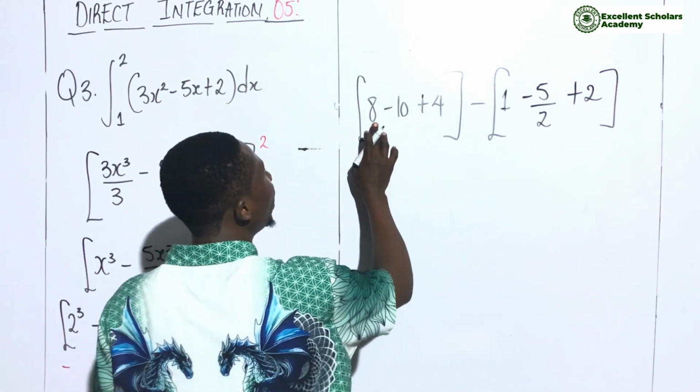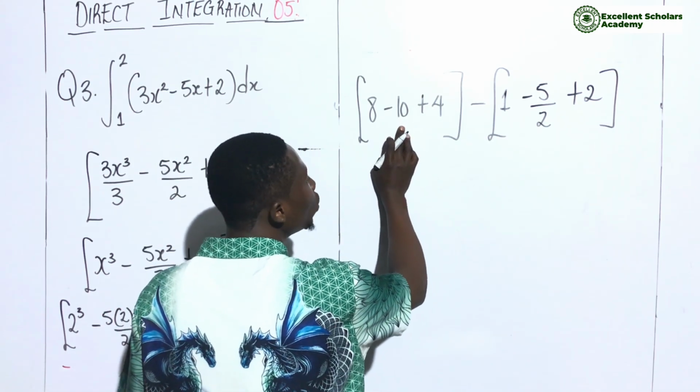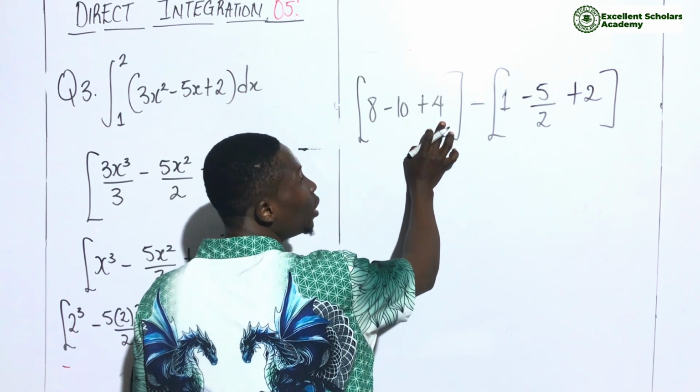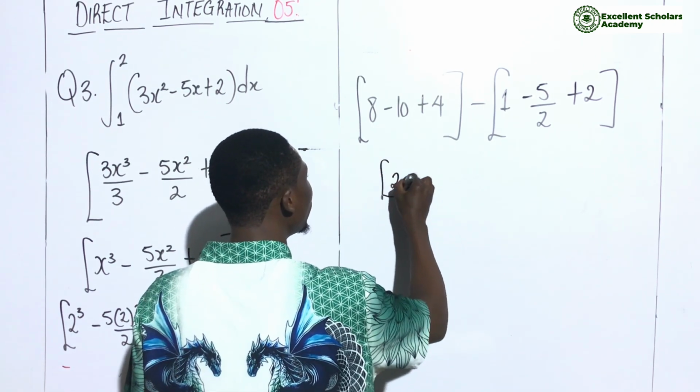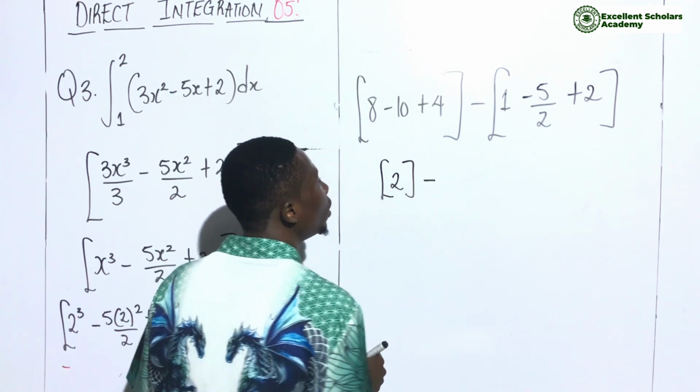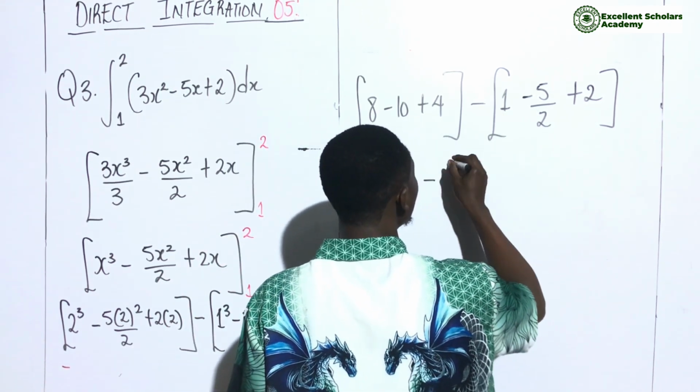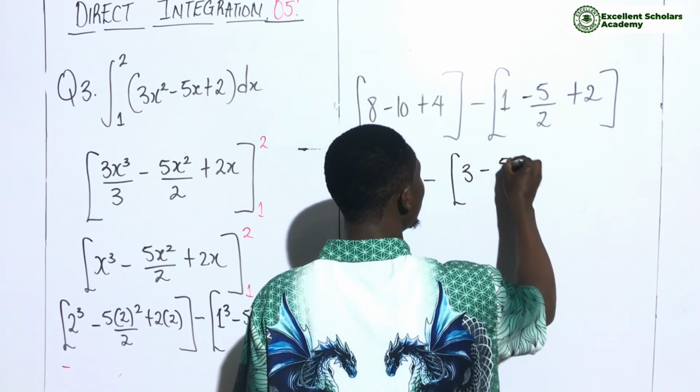Now 8 minus 10 gives us minus 2. Minus 2 plus 4 gives us 2. So we're going to be left with 2 here, minus, now 1 plus 2 gives us 3, so we'll be left with 3 minus 5 over 2.